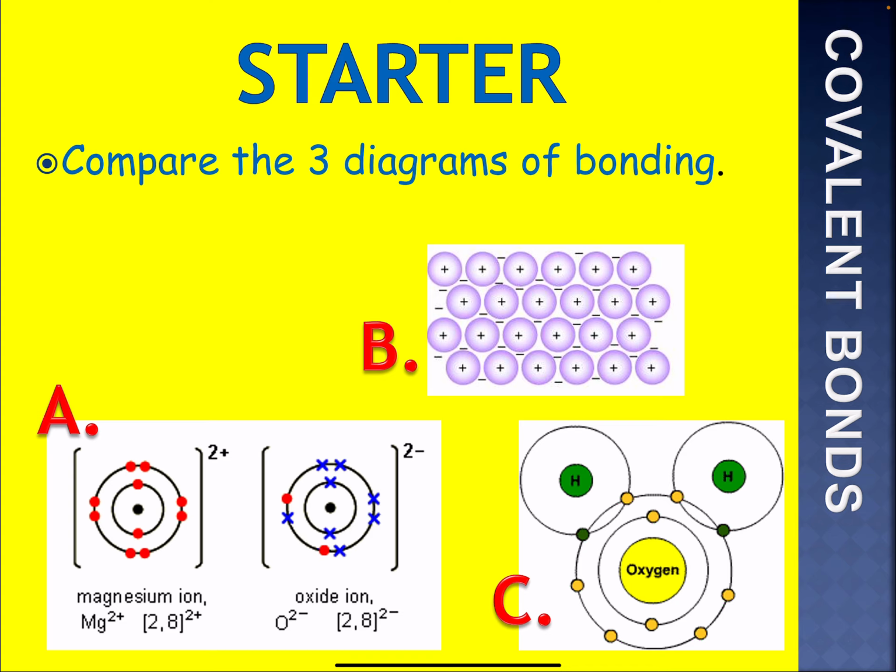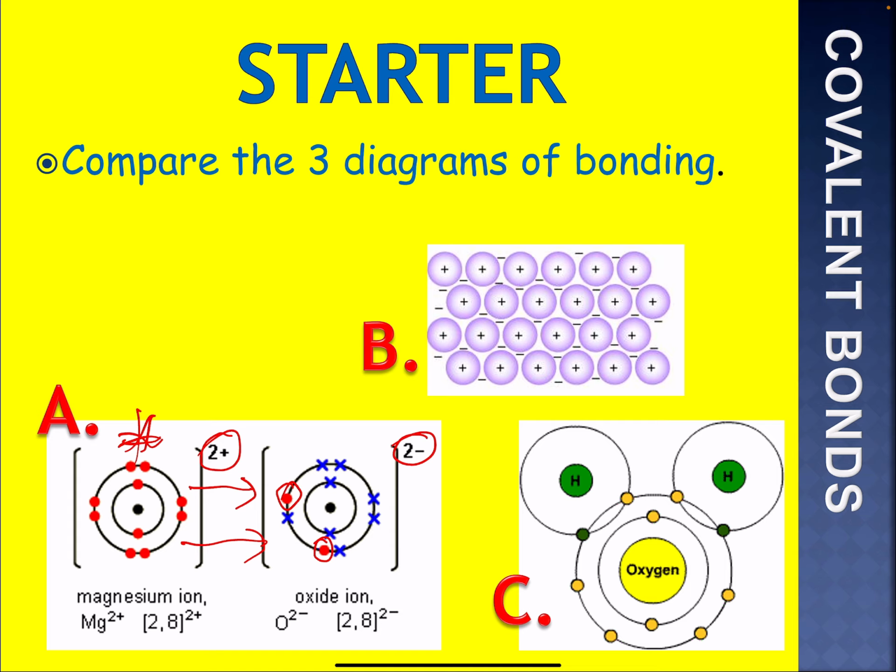So, looking at A, you can clearly see there are charges. You can also see these 2 electrons have come from over here. So they've been donated.